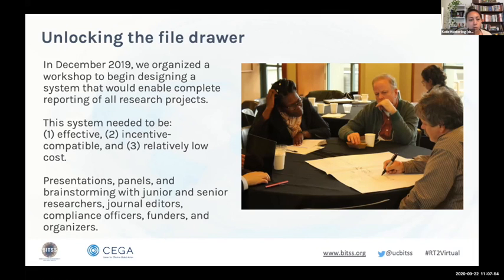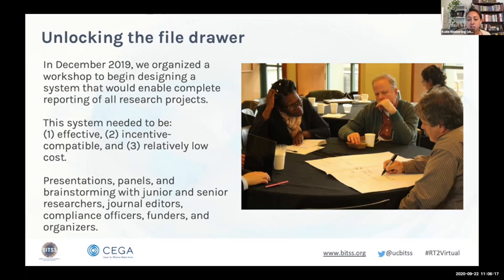So we organized a workshop last year, a brainstorming workshop where we invited people from all across the social science disciplines who represented researchers, but also journal editors, funders, compliance officers, and people who were organizing for more complete reporting.